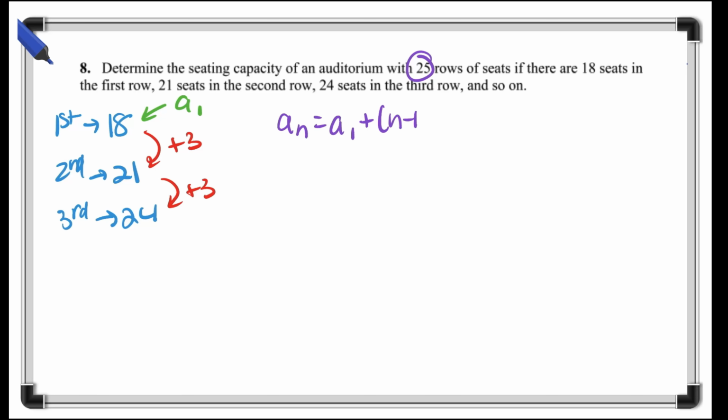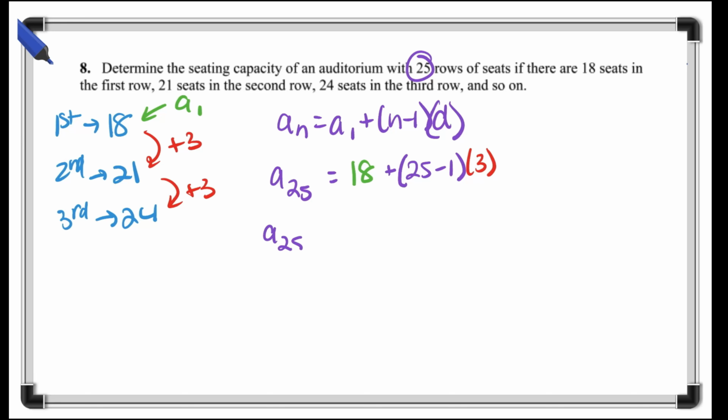This is arithmetic because I'm adding 3 every single time. So if I find a sub 25, and I know a sub 1 is 18, and I'm adding, for my 25th row, 25 minus 1 times 3 every time, that is D, my a sub 25 is 90 seats, okay?